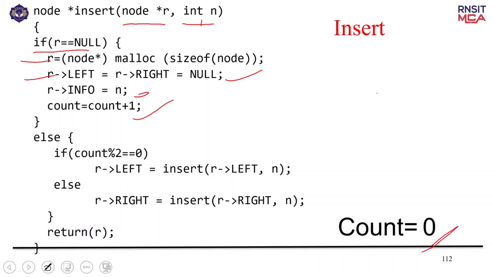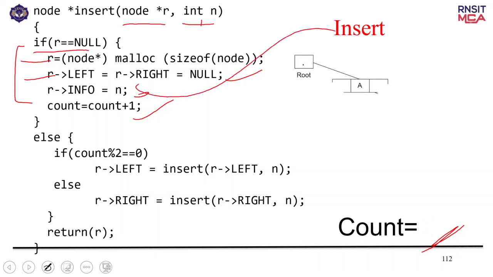Initially count will be 0. So memory is allocated and info is stored into the node, and the left and right links point to null.